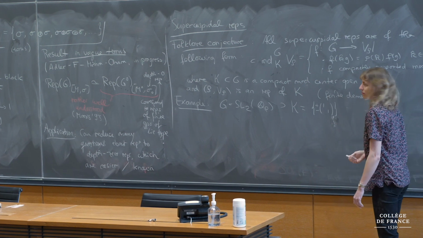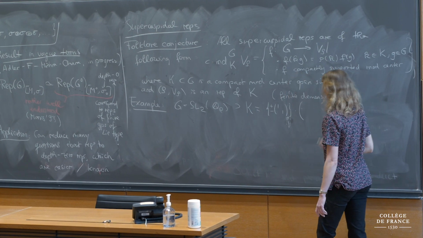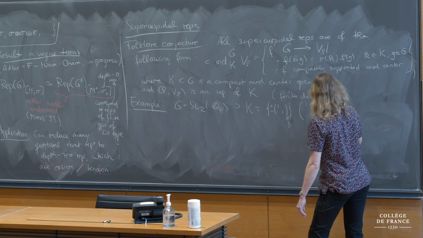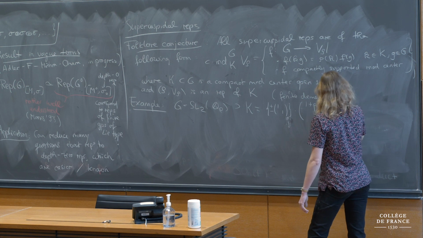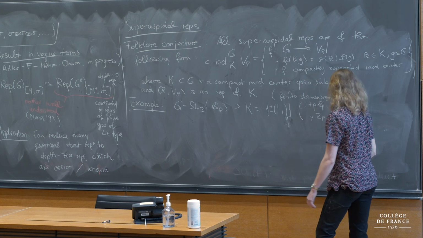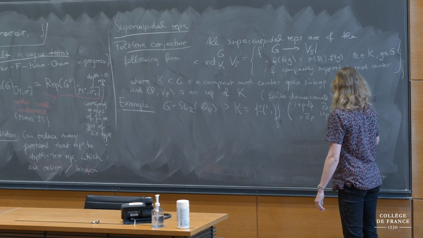That's the center, and it has to be there for technical reasons. And then I take all the matrices that have 1 plus pZ_p on the diagonal, and Z_p and pZ_p off diagonal. And since it's in SL2, the determinant is equal to 1.